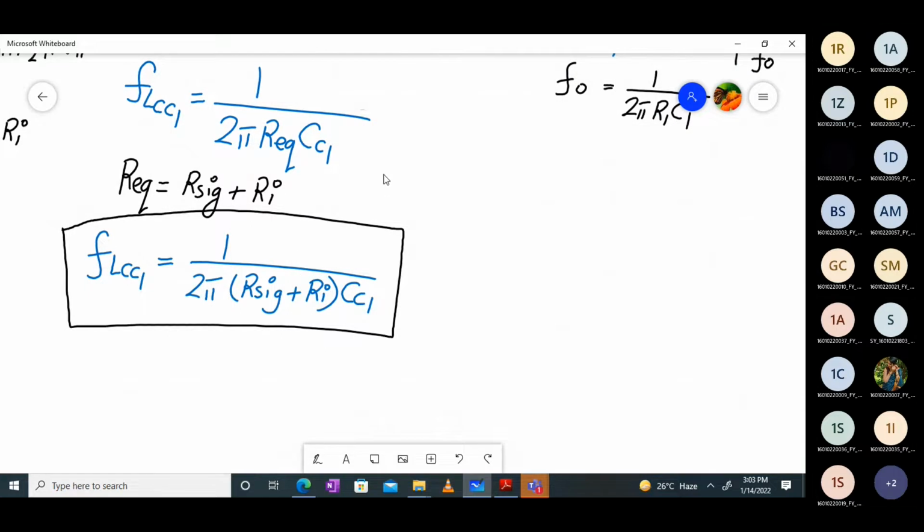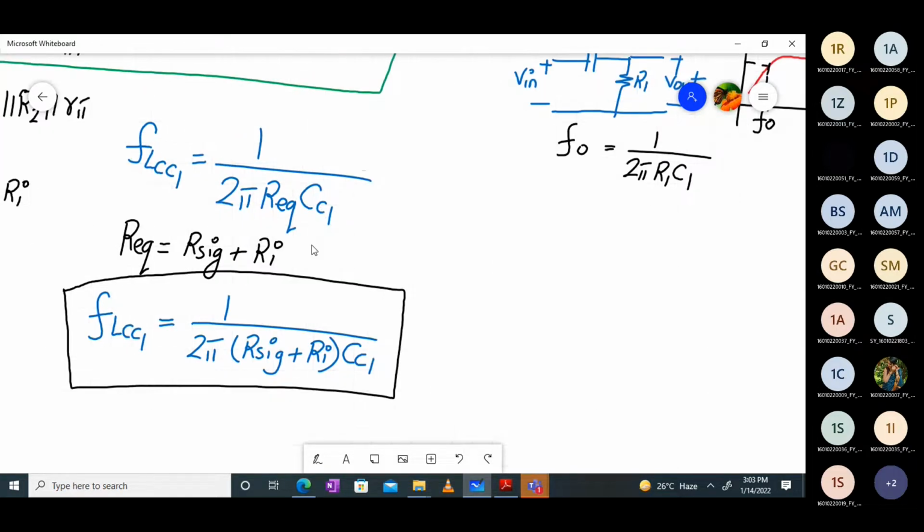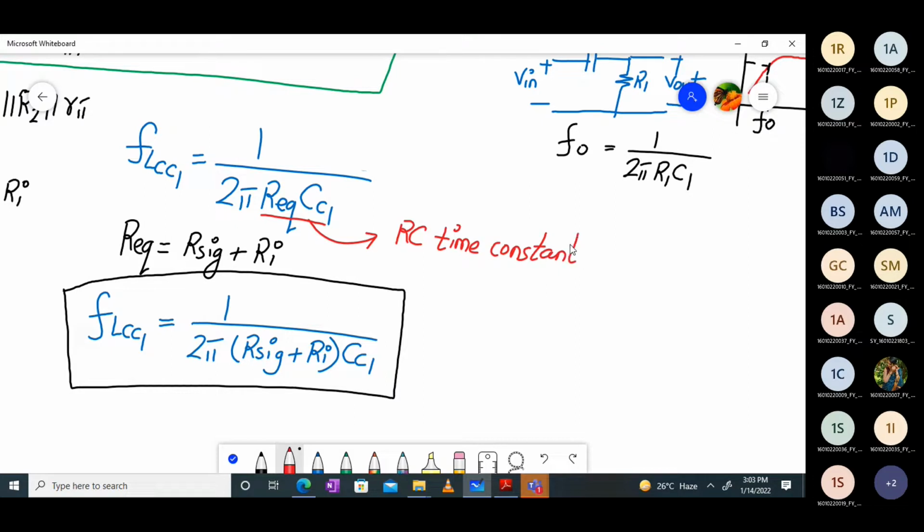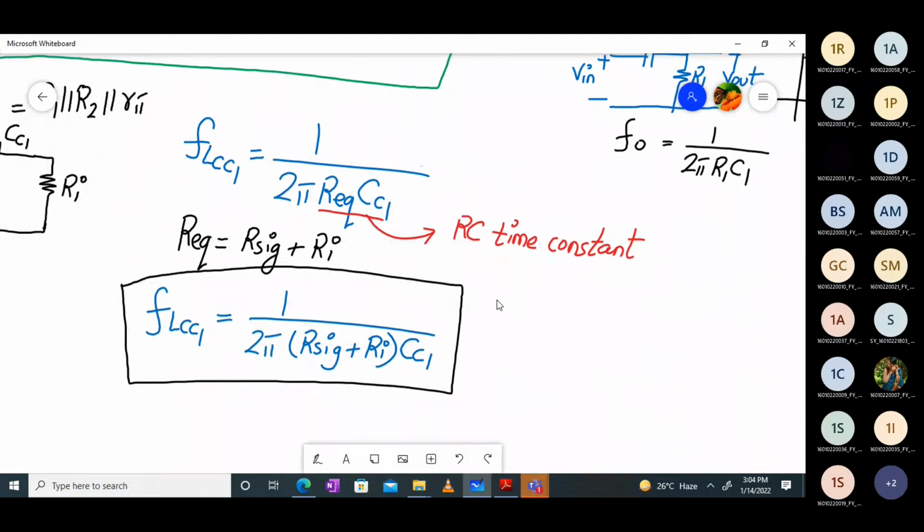Basically, this R equivalent into CC1 is nothing but my RC time constant. So this is FL of CC1, my lower cutoff frequency only due to coupling capacitor CC1.